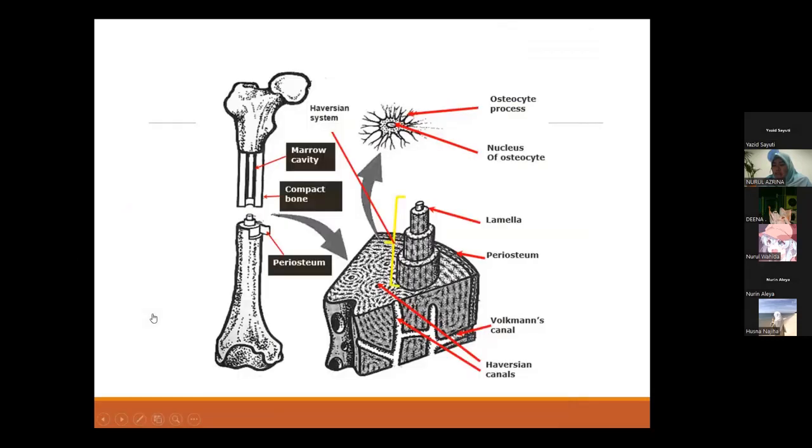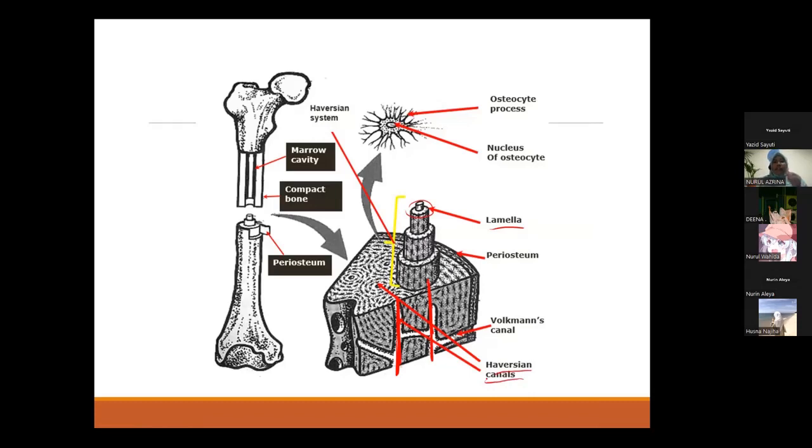Okay, next. So we go here to the picture of lamella. You can see one ring to one lamella, another lamella, another lamella. Each osteon has a vertical canal that we call as Haversian canal, right?